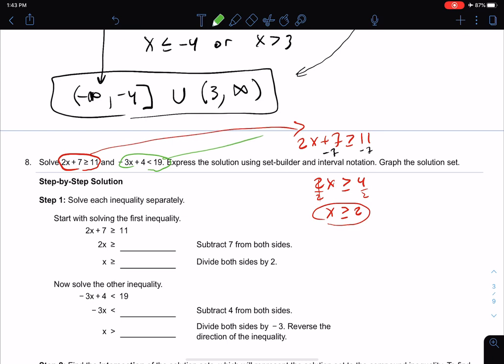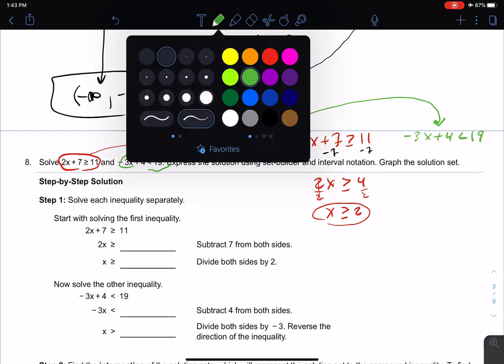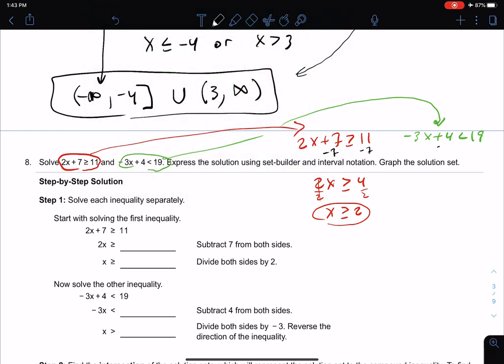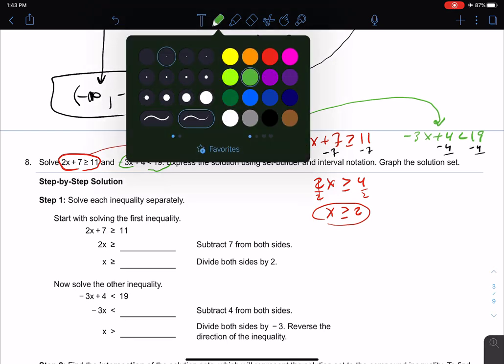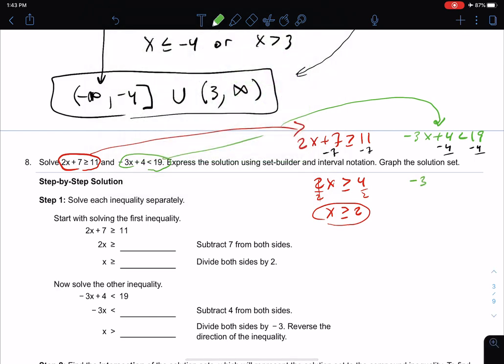Okay, and I'll put that right here, which is negative 3x plus 4 is less than 19. My first step, of course, is to subtract 4 off of both sides. And that ends up giving me negative 3x is less than 15. We divide both sides by negative 3.